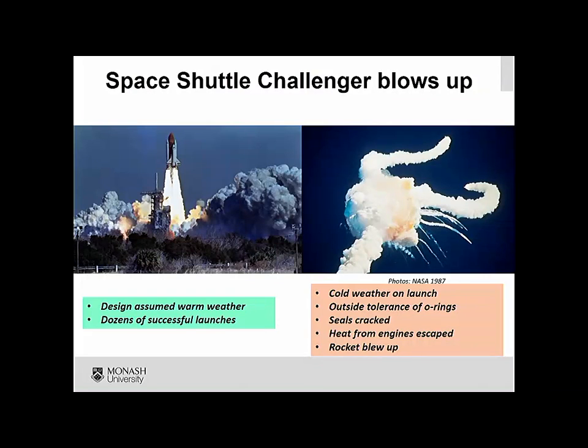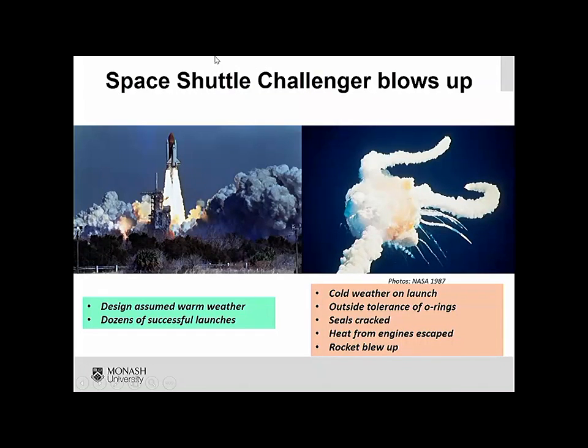It's basically tropical. So the design assumed warm weather. But for this particular launch, there was unseasonable cold weather. The O-rings, which were a small part of the machine, were outside their tolerance. The seals cracked on these O-rings, and then heat from the engines escaped and overheated parts of the fuel system, and then it blew up.